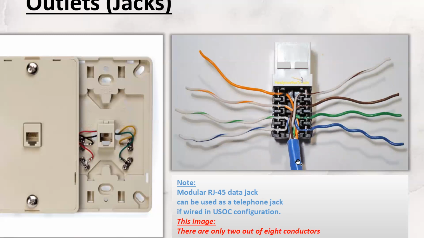This cable can carry 4 USOC configured or 4 POTS lines, because one POTS line is a pair, tip and ring, and this cable has 4 pairs: blue pair, orange pair, green pair, and brown pair.